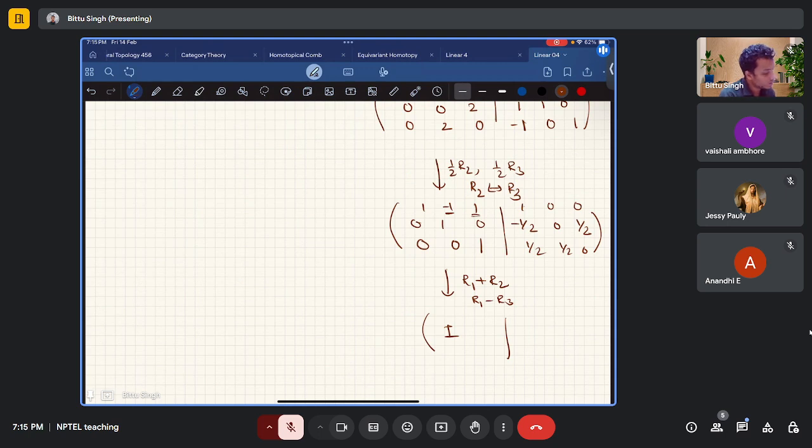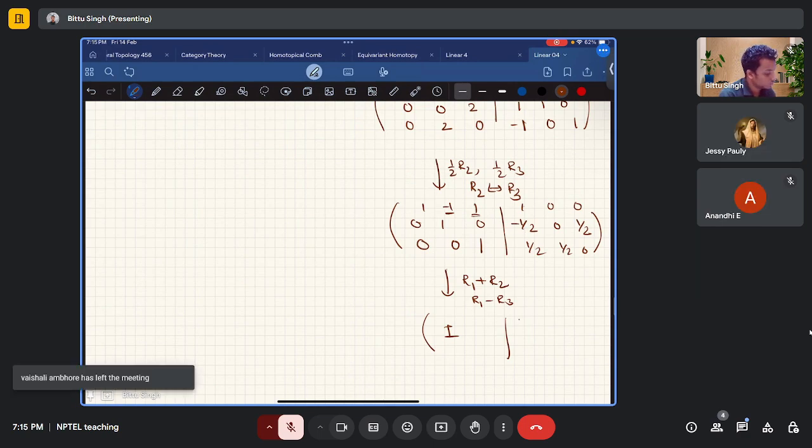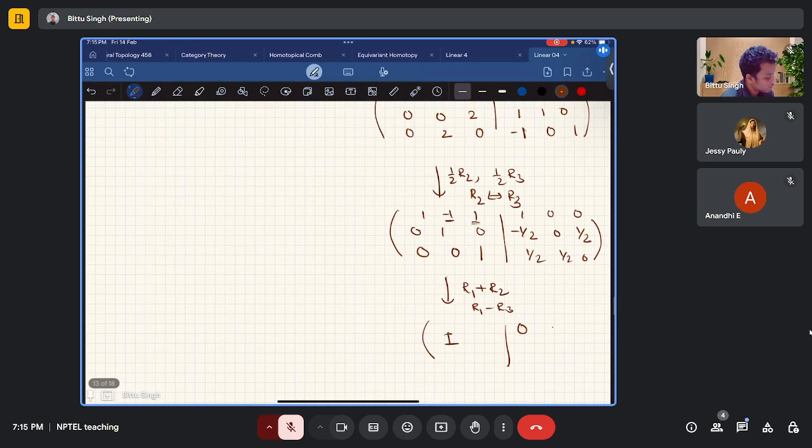So 1 minus half plus half minus half, which is 0. Similarly, R1 plus R2, 0 minus half. Similarly, 0 plus half minus 0 plus half. So this is the solution, minus half 0 plus half, half half 0.